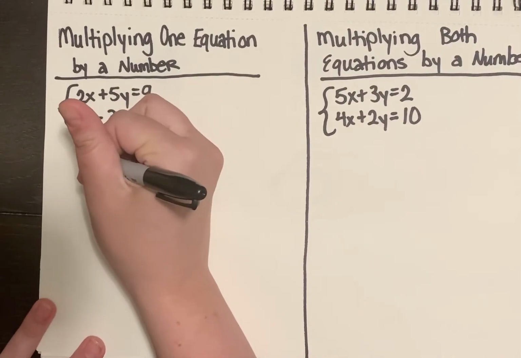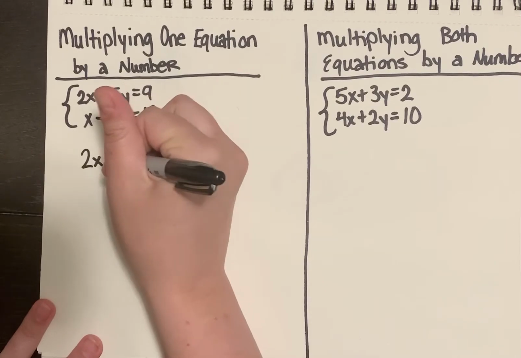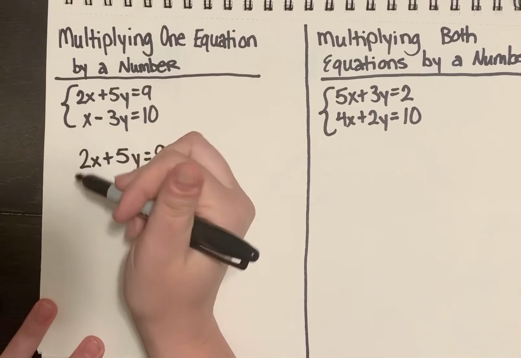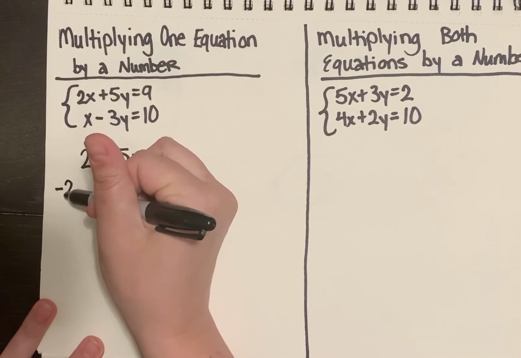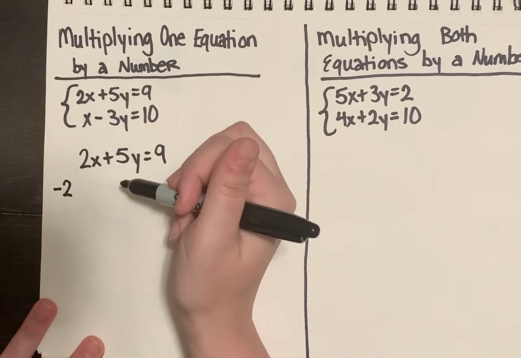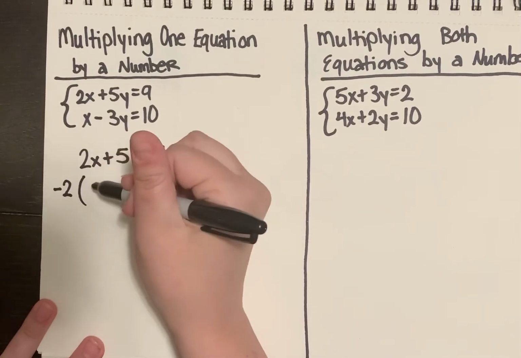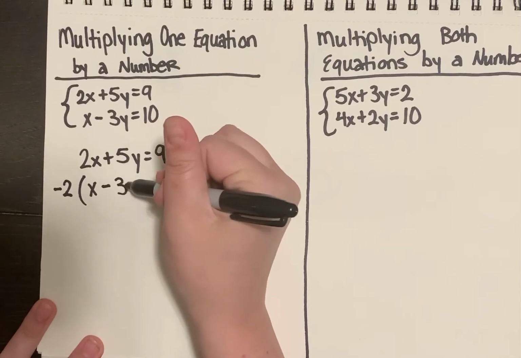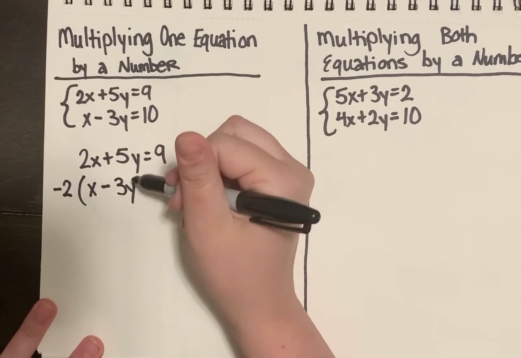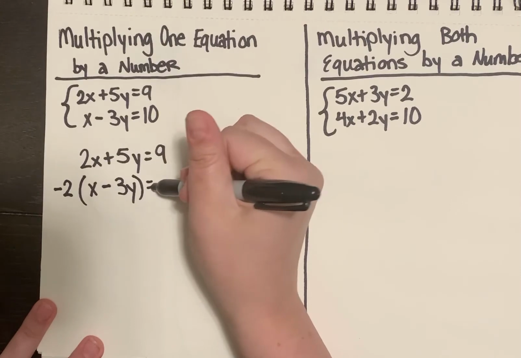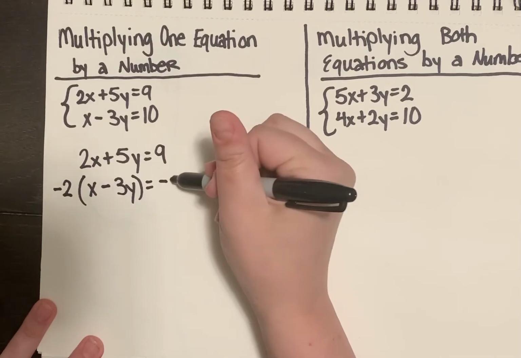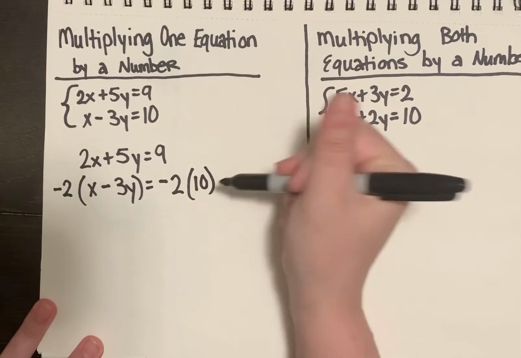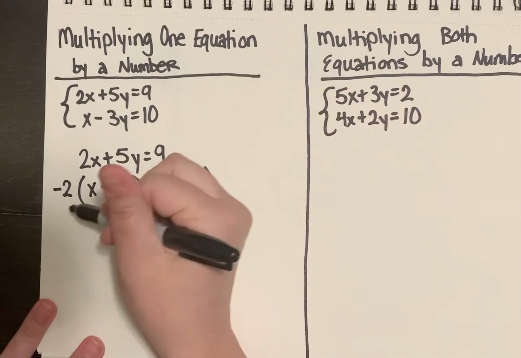The first equation first, I'm just going to rewrite it: 2x plus 5y equals 9. Now, if I multiply the second by negative 2, I have negative 2 times x minus 3y equals, and I have to do the same here, negative 2 times 10.